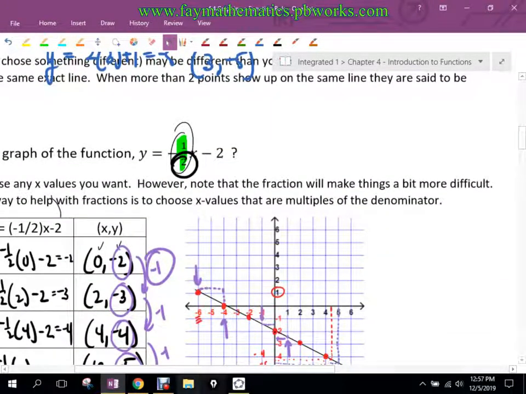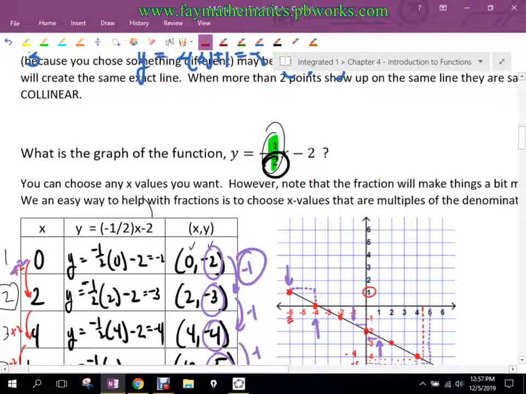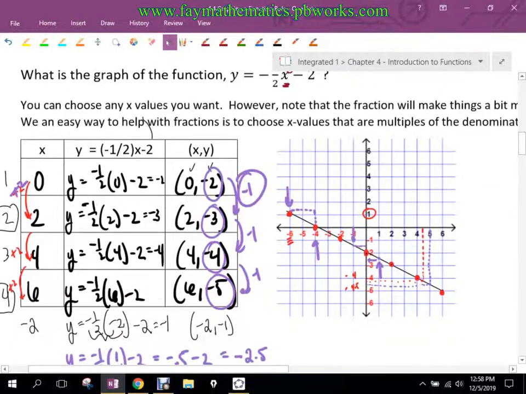What about this one? What is the exponent for this x right here? The coefficient's negative 1/2. The exponent right here is a 1, right? What kind of graph did you get? You got a line. So, linear.